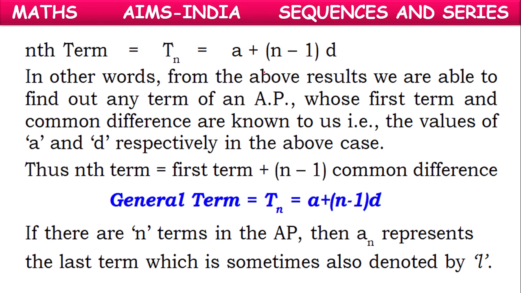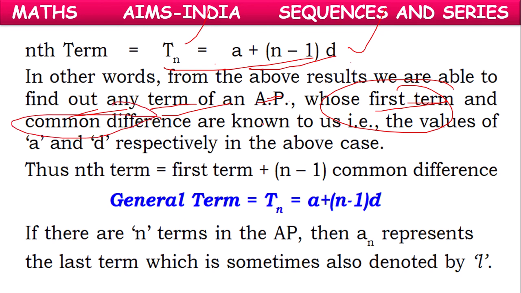So if the nth term is in this model, then the sequence formed will be in AP. With the help of this nth term, we can find any term in the AP. But the first term should be known and the common difference should be known.